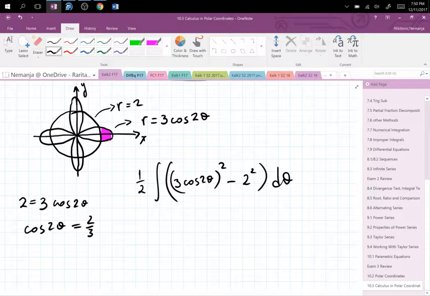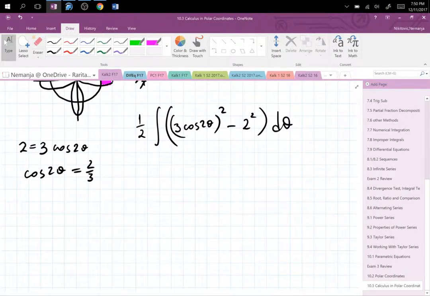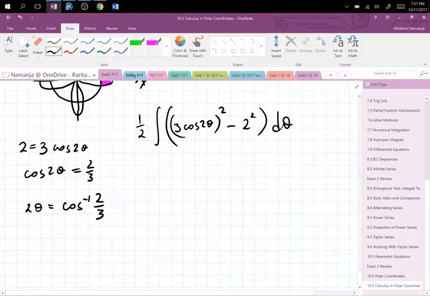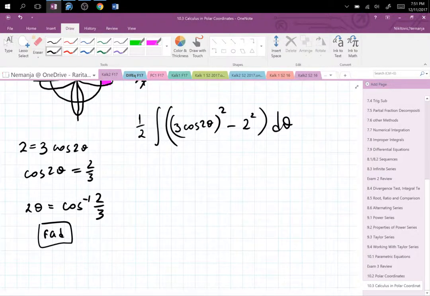As you apply inverse cosine to both sides, you get 2 theta is equal to inverse cosine of 2/3. Make sure that your calculator is in radians, compute the decimal value, and then divide it by 2 to get theta. So it's possible to do these things. Nothing too crazy.